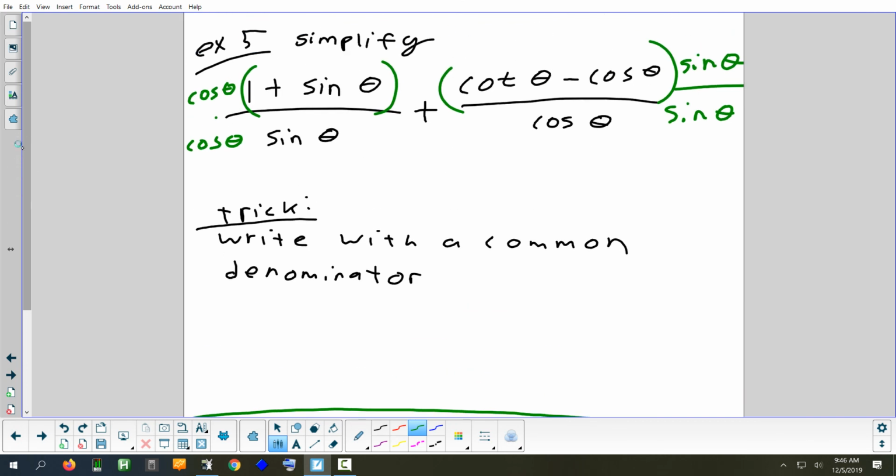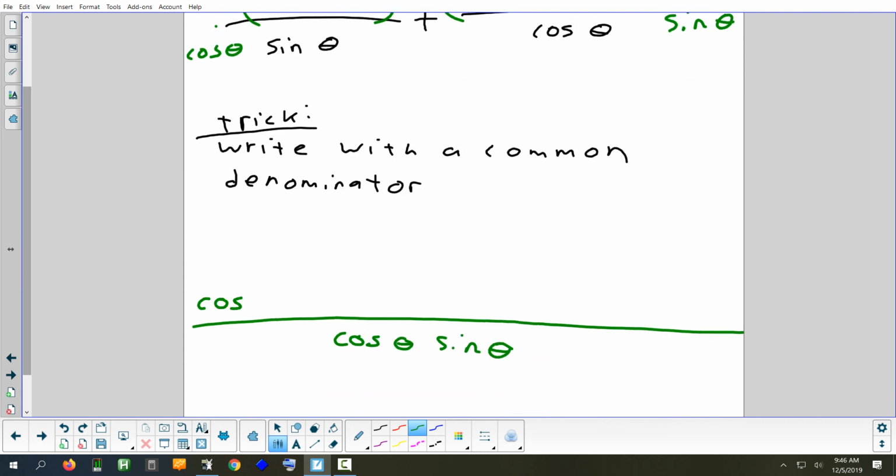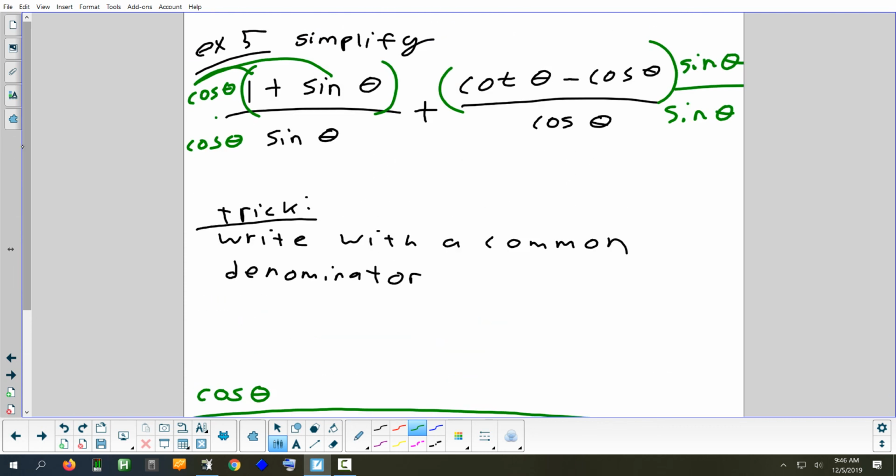Now, in the tops of each fraction, that's a distributive property. What's cosine times 1? Cosine. What about cosine times sine? Cosine times sine. There's nothing you can do with that. It's like saying what's x times y. It's just x times y. So cosine, let's put that down first, plus cosine times sine.